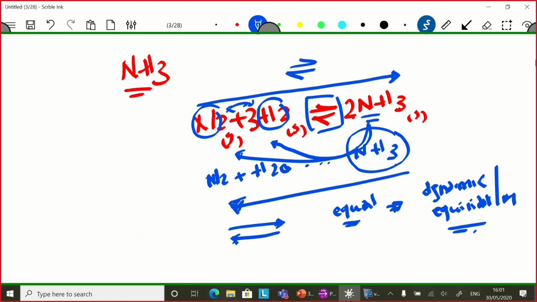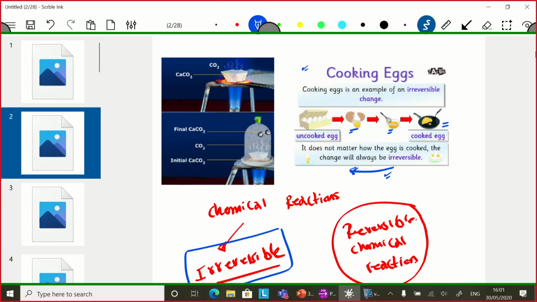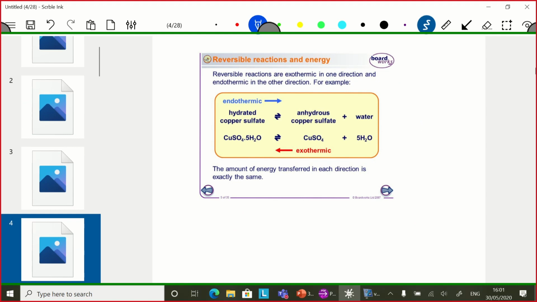We have some conventions that we're going to need to stick to from now on when we look at chemical reactions. So these are the conventions.